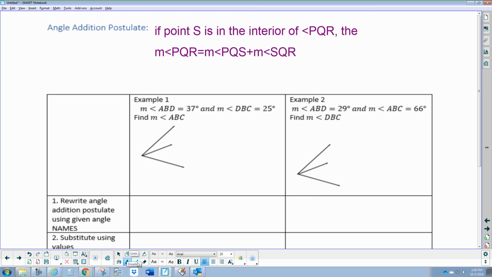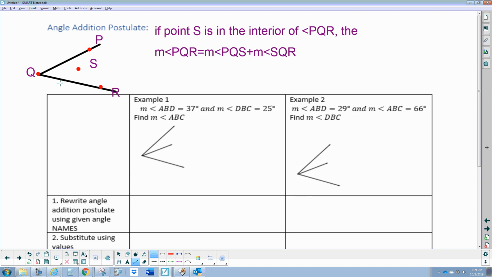So we have point S in the interior of angle PQR. Here's angle PQR: P, Q, and R. And we have S somewhere in the interior. It doesn't really matter where, but it just has to be inside.